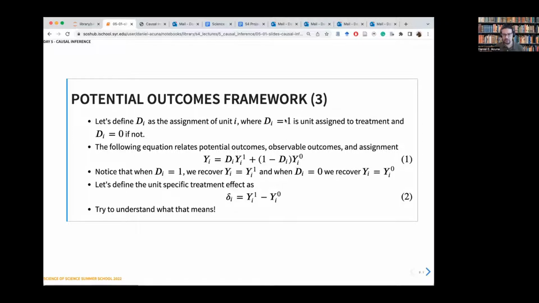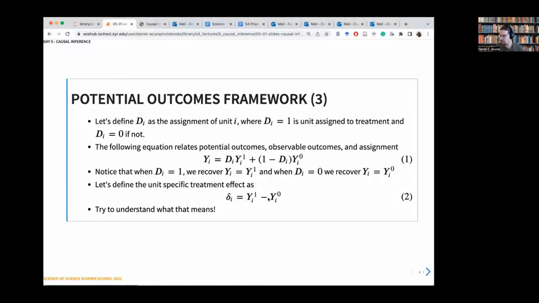If we don't give the treatment to someone, the outcome will be Yi0. So this is what this is stating here. By just the simple fact of giving the treatment to someone, we only get to observe one of the potential outcomes. So we are interested in understanding the delta of giving the treatment to someone versus not giving the treatment to someone.